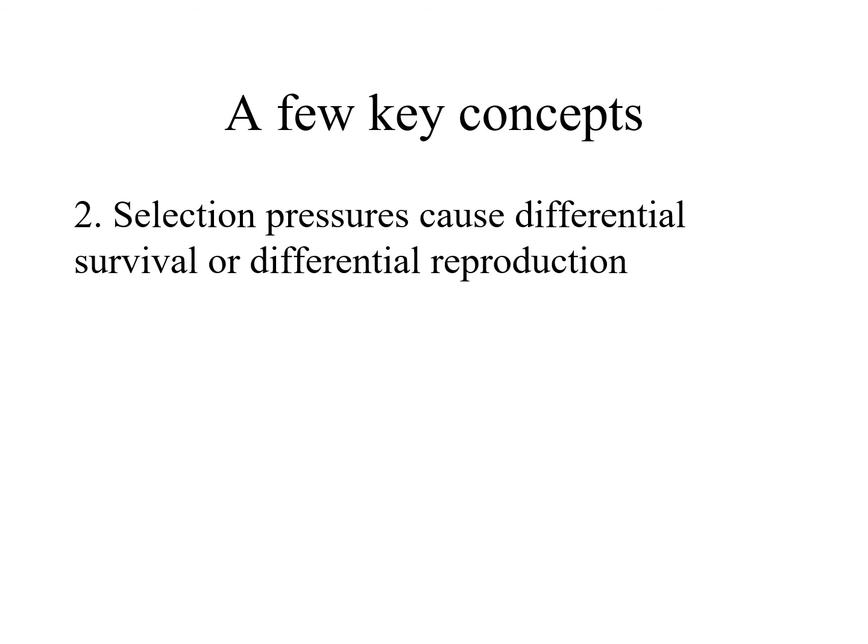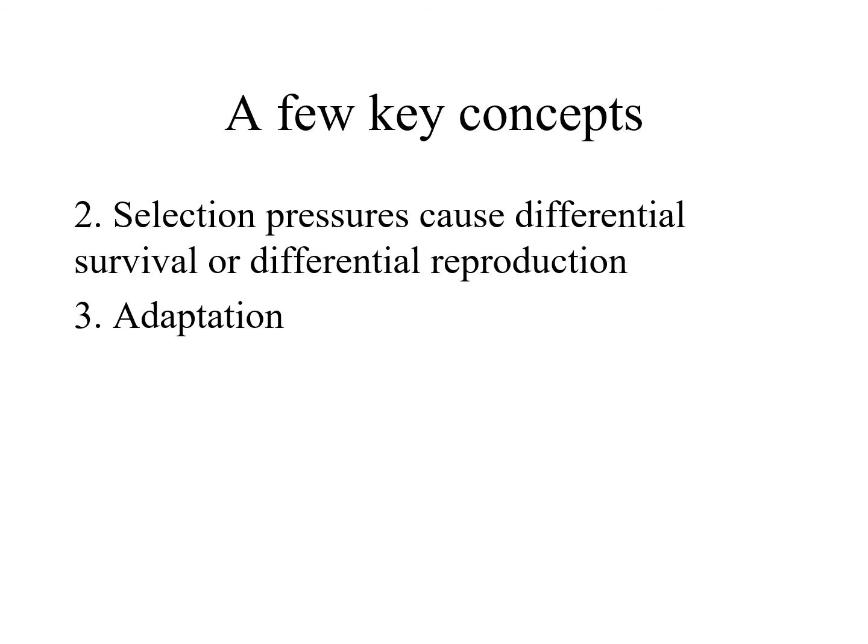Natural selection is all about differential survival and differential reproduction. Any individual with a gene variant that allows them to survive and reproduce a little better in the face of that pressure will be favored. Those genes, those traits will become more common over time.